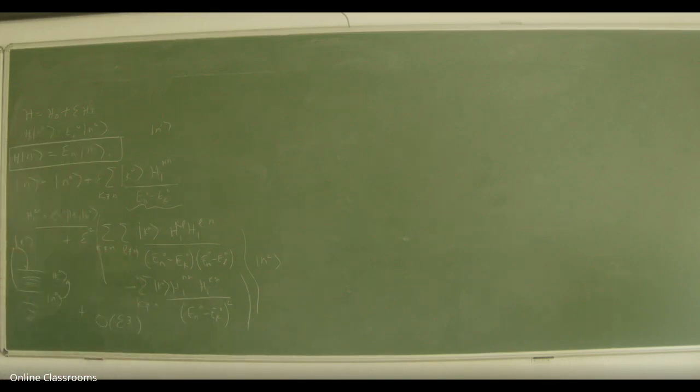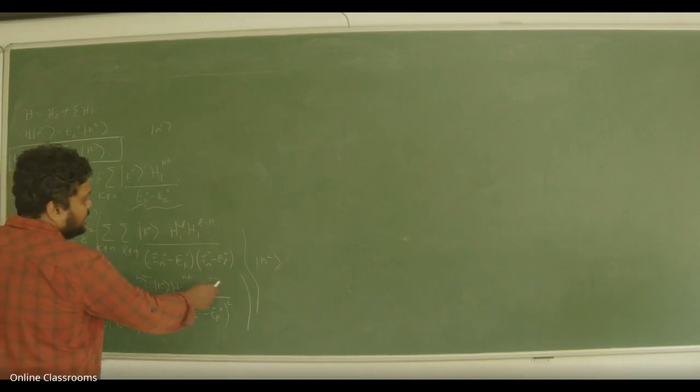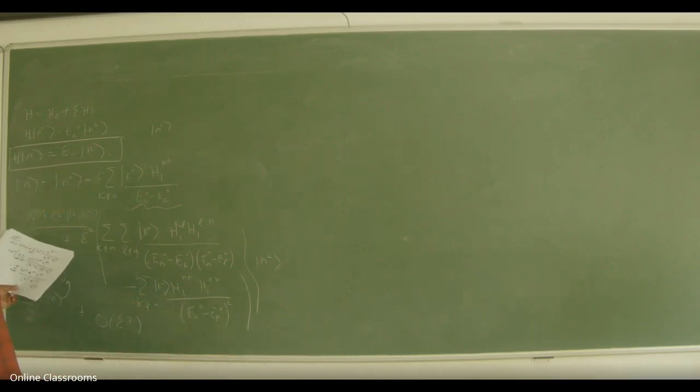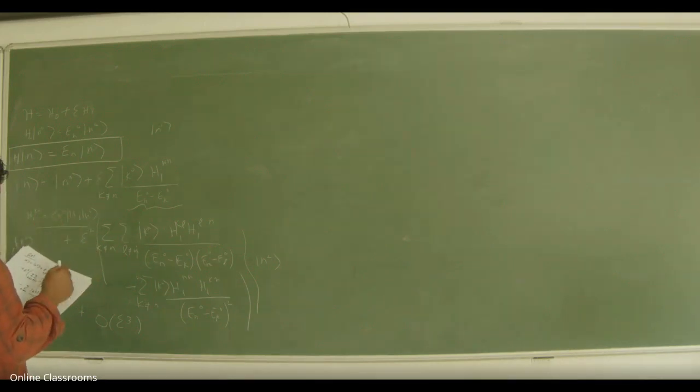Sorry, what is the problem? H1, minus the sum over k not equal to n, the k naught vector into H1 nn. Yeah, H1 nn. So this is you going from k to n. Yeah, that's a point. What should be the second term? k to l, l to n.